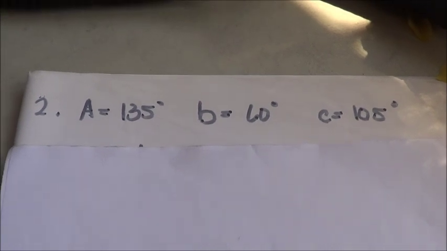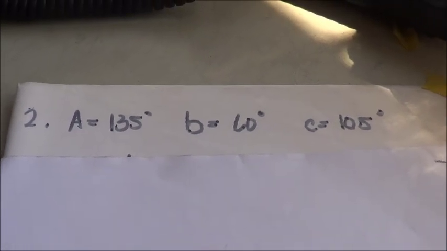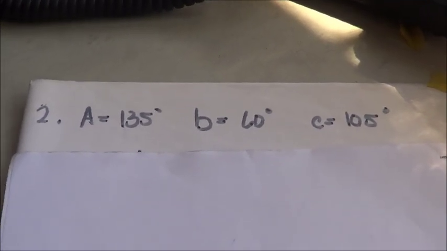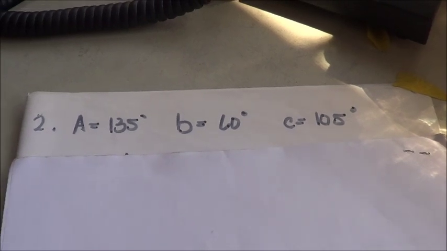For our second problem, we are given a very similar problem. The only difference is the given. The given is angle A equals 135 degrees, side b is equal to 60 degrees, and side c is equal to 105 degrees. So this is actually case 3 because there are two given sides and an included angle is also given.